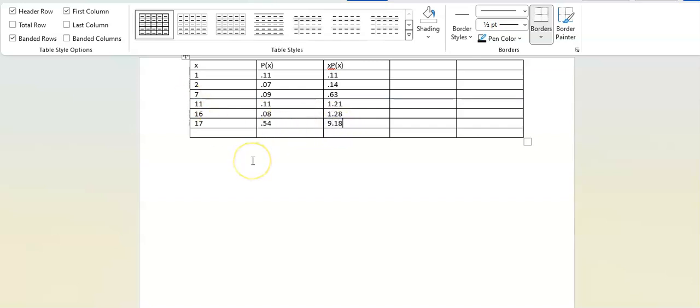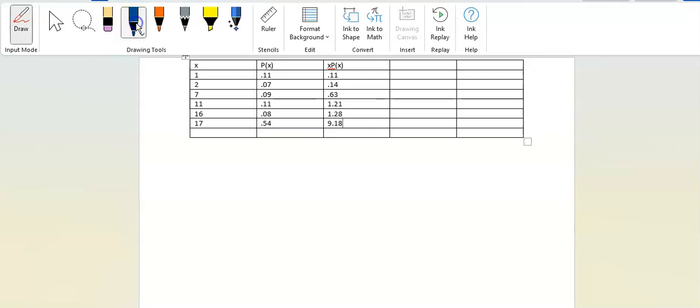All right, now the formula for our mean of a discrete probability distribution, I will write it here. Our mean is the sum, that's what our symbol here means, the sum of x times p of x.